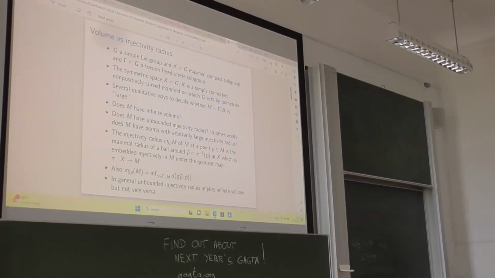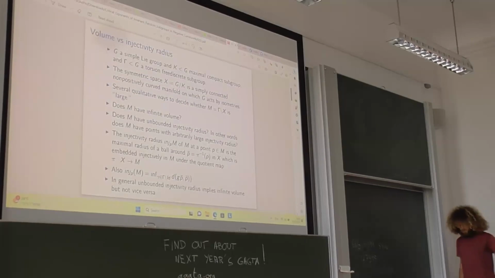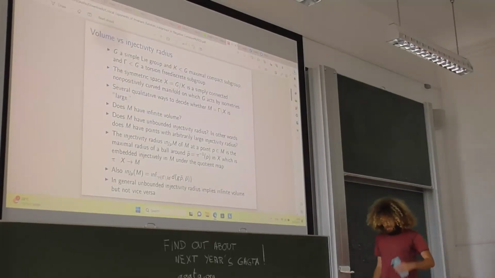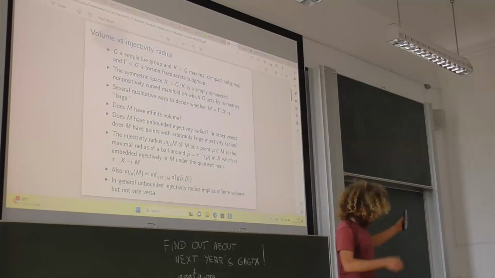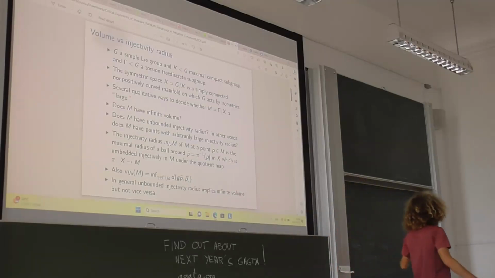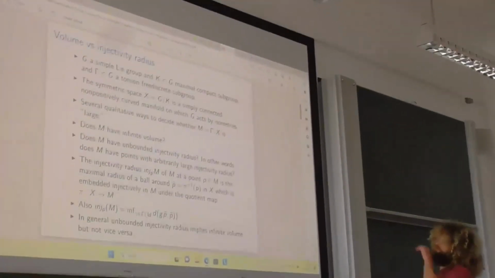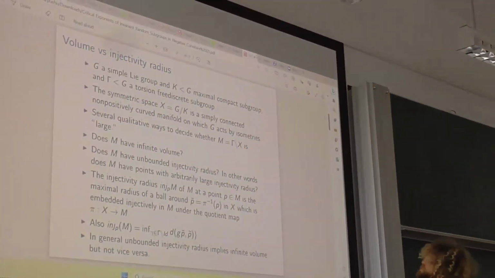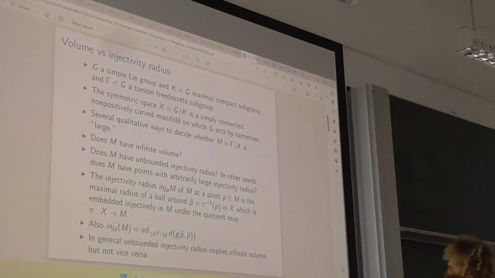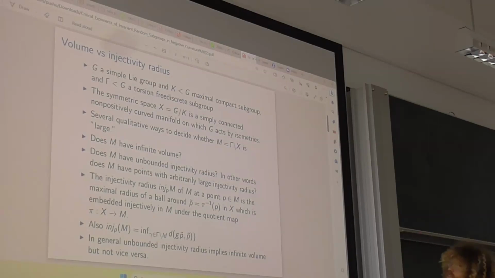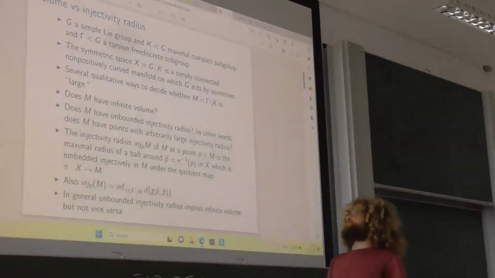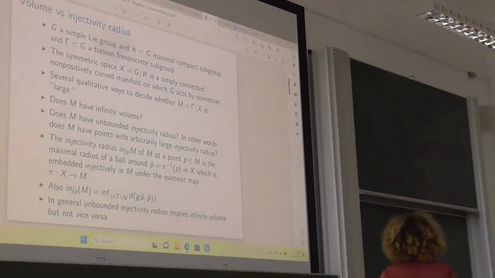So yeah, I want to talk about a geometric result, which uses the right theory probabilistically, always a cool thing to do. The setting I want to start with, which will get more general in a bit, is that you have a Lie group G and a maximal compact subgroup K. So this quotient G/K is a symmetric space with a suitable metric.